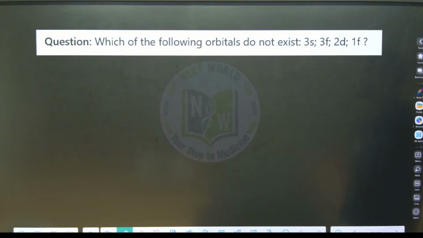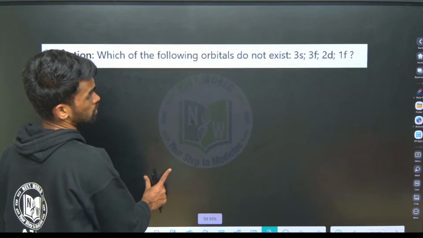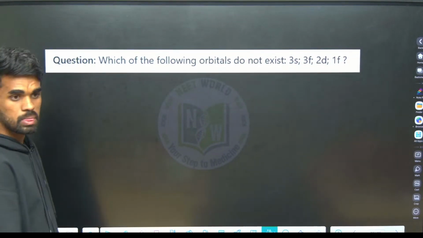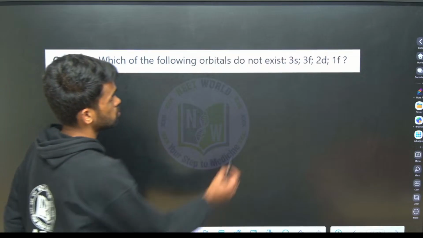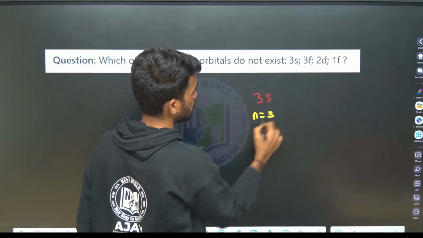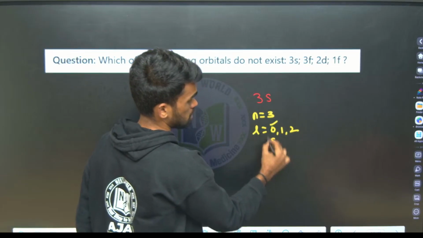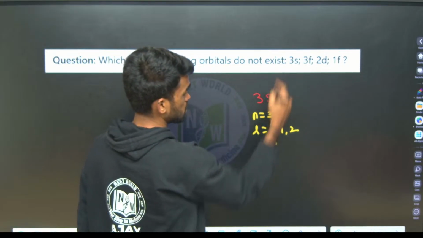Tell me for this, which of the following orbitals does not exist? More than one option can also be correct. So do we have 3s? Yes, n can be 3, L can be 0, 1, 2. So 0 is there, which means the s subshell is possible.